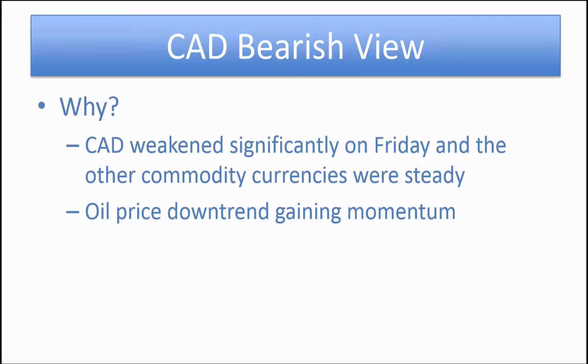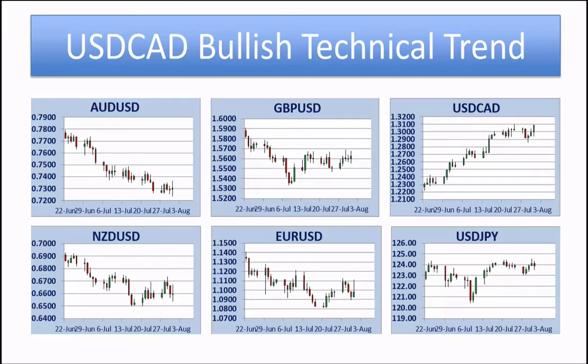And also the oil price downtrend seems to be gaining some momentum as well. We also have the copper price hitting a 6-year low, so perhaps the Aussie currency should be going lower still. The fact that one didn't weaken as much as the CAD led me to believe the CAD was the weak link. So there you have it. You have a bullish dollar, a bearish CAD, so buying the dollar CAD pair was the trade.